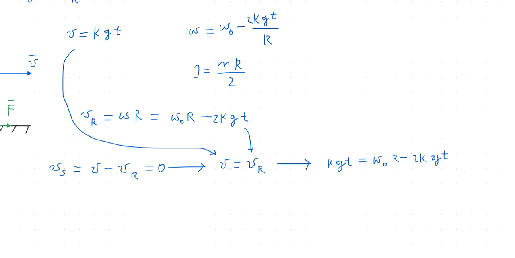And from this equation, we can get time of slipping. It is equal to omega 0 r divided by 3 kg.